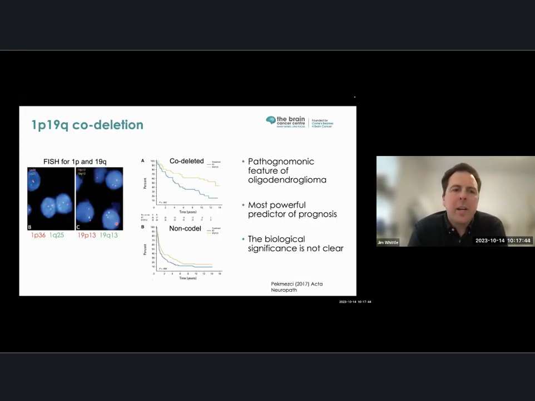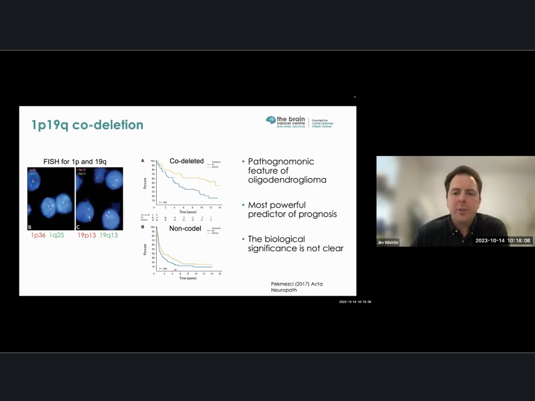The next key biomarker is looking for 1p19q co-deletion, which can be tested in a number of different ways, but classically using FISH. And you can see this shown in the figure on the left, where you're seeing loss of the 1p here, only 1 copy in the red compared to 2 copies of the green, and similarly of the 19, where you can see that we're seeing loss of the double copies here.